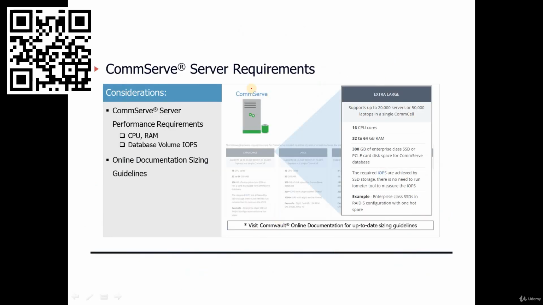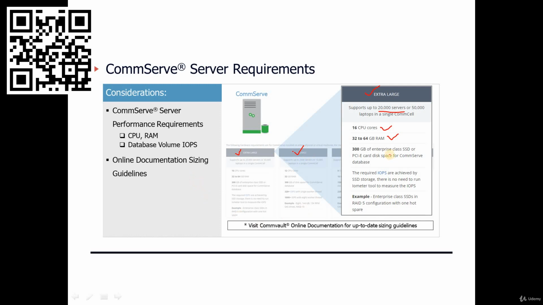So what are the requirements for the CommServe? First we have to understand the requirement of CommServe. Here Commvault has given some requirements such as 16.4 and 32 or 64 GB. Now you might say these are a little bit on the higher side. Yes, because we are looking at an example called extra large, where we are talking about backing up 20,000 servers. Now they have various scenarios like small enterprises or medium size as well.